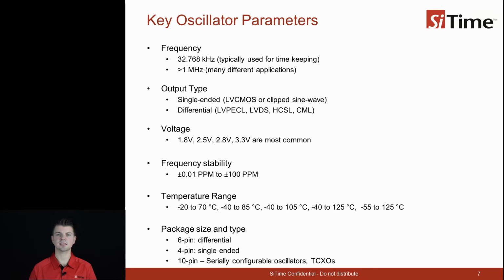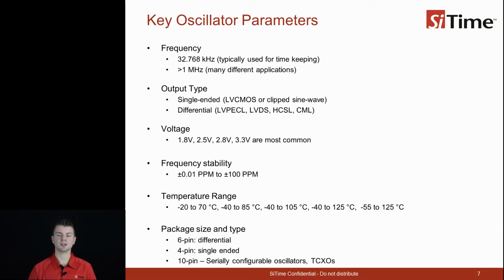Output load sensitivity is the maximum frequency change due to changes in output load. For example, if the load is specified at 15 picofarad plus or minus 10%, this would be the maximum frequency change as the load is varied from 13.5 picofarad to 16.5 picofarad. This parameter is sometimes included in the initial tolerance specification rather than broken out separately.